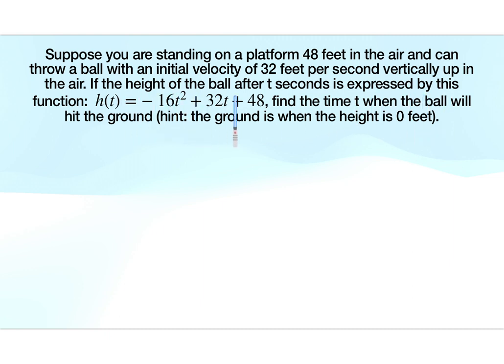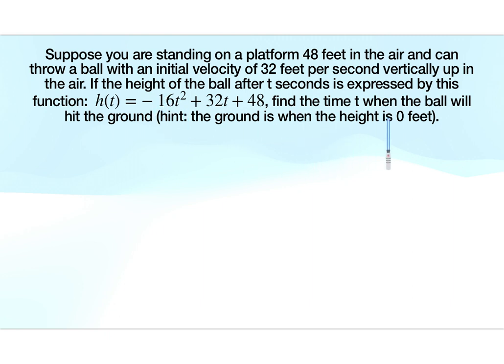If the height of the ball after t seconds is expressed by this function, h of t, which means the height with respect to time, where t is squared, this is the velocity, this is the height, this is the constant of gravity, negative 1/2 g, the t squared's right there.